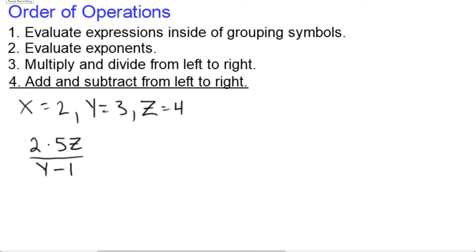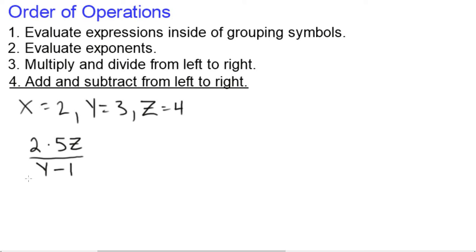So, evaluate expressions for given values. In this case, if we let x equals 2, y equals 3, and z equals 4, we can evaluate the expression 2 times 5z over y minus 1 using the substitution method.